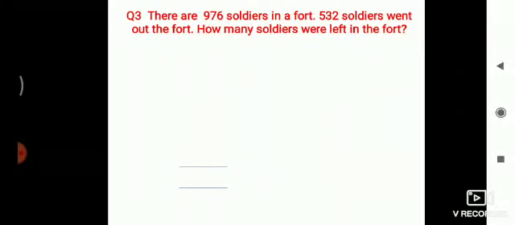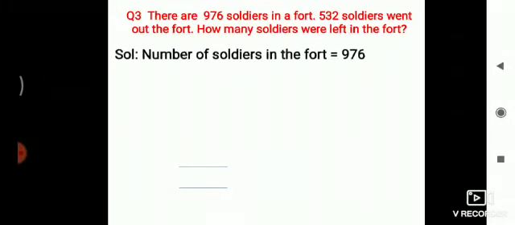Now, we have to find out the number of soldiers that were left in the fort. In order to find out the number of soldiers left, we will subtract the number of soldiers who went out from the number of soldiers who were there in the fort. First, look at the statements.